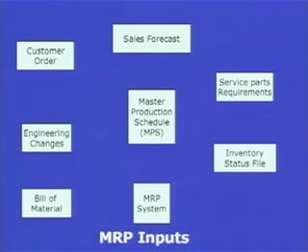What are the most important techniques of generating a sales forecast? That we will understand with the help of a large number of examples, and we will see the different classifications of forecasting techniques. All that we will cover, but here in an MRP system we need to generate a sales forecast.